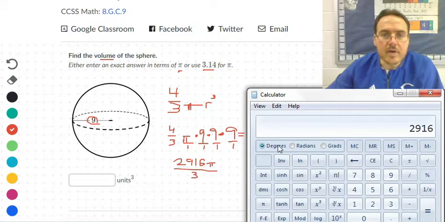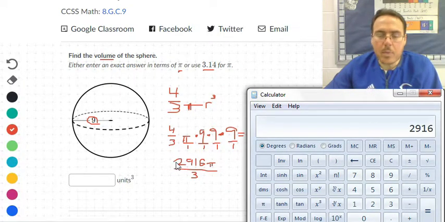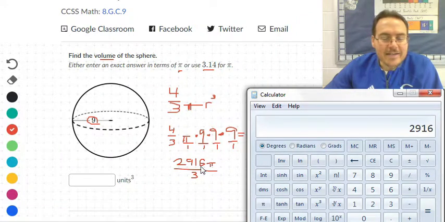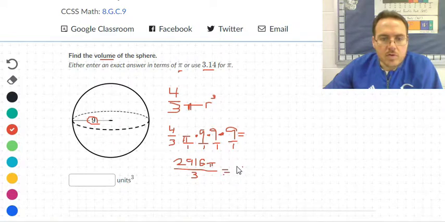If you didn't know the divisibility rule: if you add up the digits of a number and their sum is divisible by 3, the original number is divisible by 3. Well, 2 plus 9 is 11, plus 1 is 12, plus 6 is 18, and that's divisible by 3. So 2916 divided by 3 is 972. So this is all equal to 972 pi.